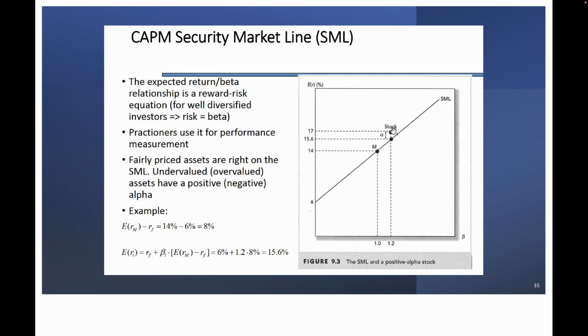Now what happens if the same stock trades at an alpha of 1.4? So let's say that BMW, beta 1.2, has an expected return of 17. Well, according to the security market line, it means the expected return is too high. If the expected return is too high, what happens to the price of that instrument?